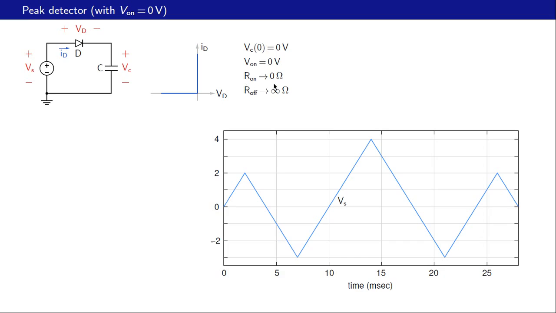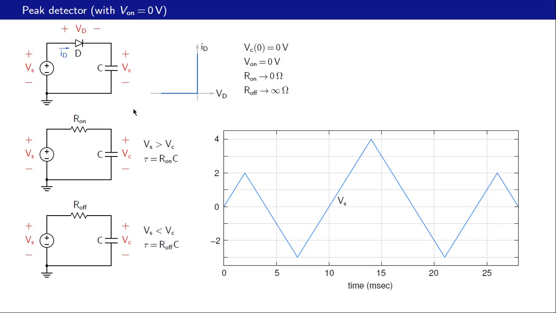Its on resistance is 0 and off resistance is infinite. Let us redraw this circuit for two situations. One, the diode is conducting, so its resistance is R on. Second, the diode is not conducting and its resistance is R off. R on is very small, R off is very large.